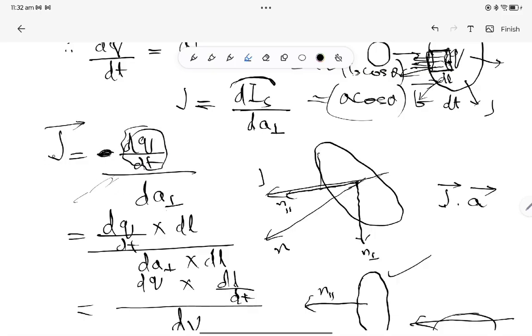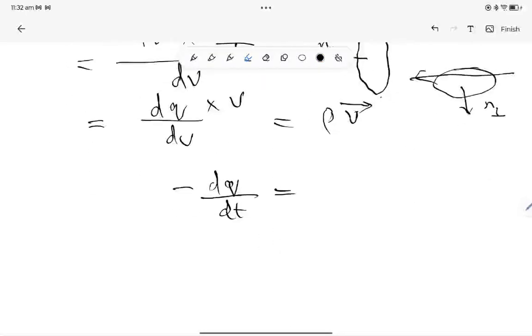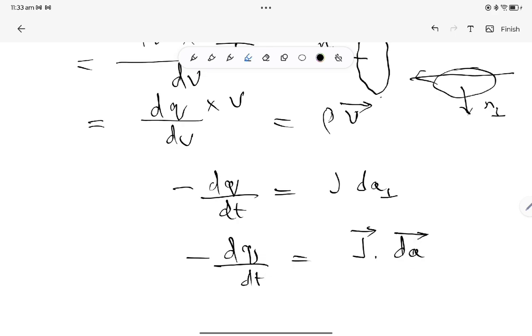We can write j dA perpendicular, or we can write the same as minus dq by dt is equal to j dot dA, full dA. As I told you, this and this is the same.